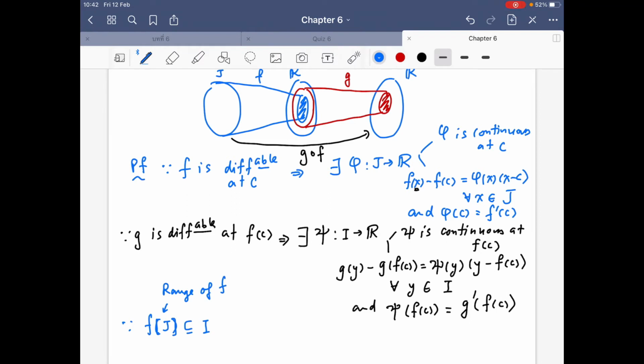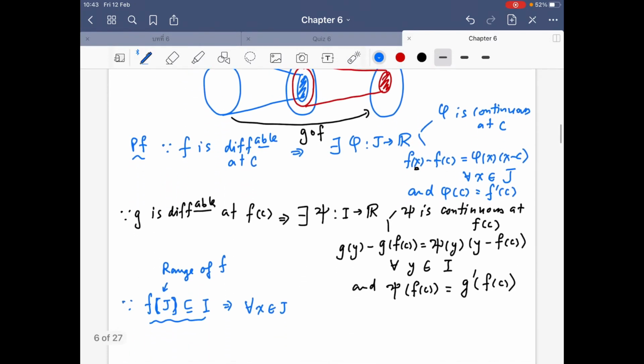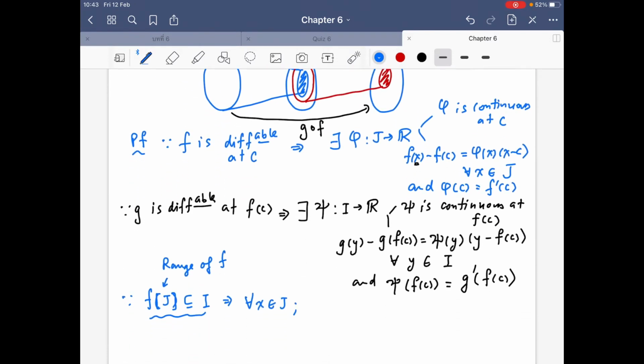So for all x in J, this is one of the assumptions. Remember, right here, f of J is a subset of I. So for each x in J, your f of x is actually in I, so your f of x can be regarded as one of the parameters y in the interval I.